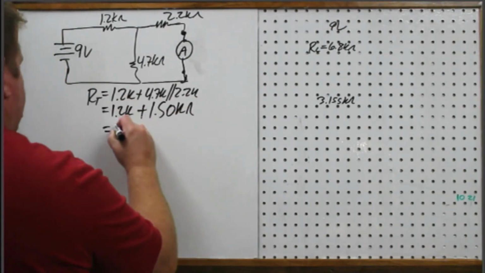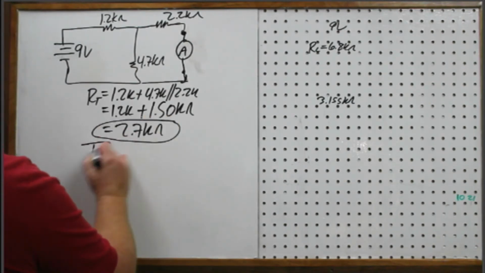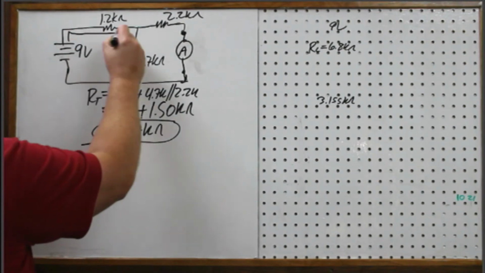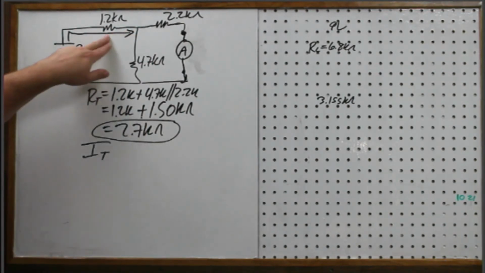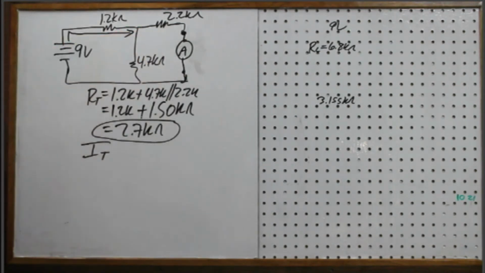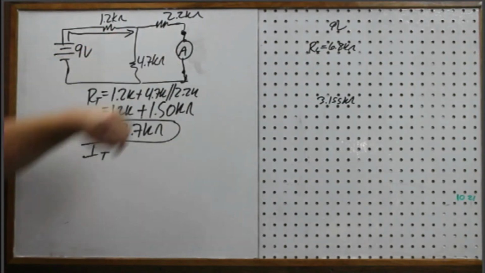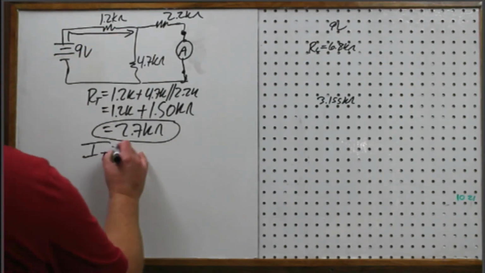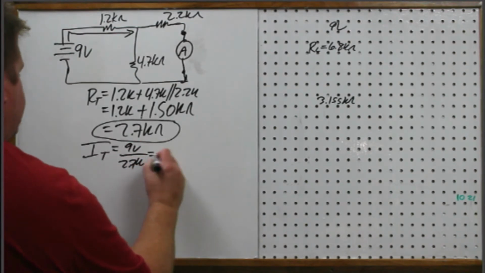So that gives me a total of 2.7 kiloohms. Now I can find the total current out of the source and through that 1.2K. I don't really care what this is. The only reason I have to find it is because I need it to do my current division here. And I don't even really care what this one is. I'm only going to solve for this one branch current. So IT is 9 volts divided by the 2.7K ohms.